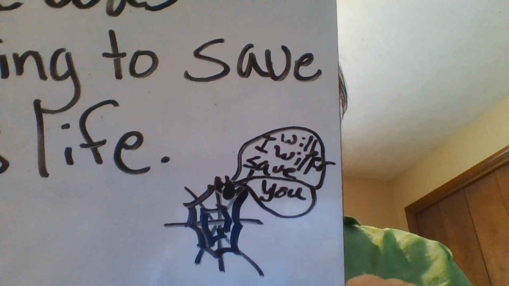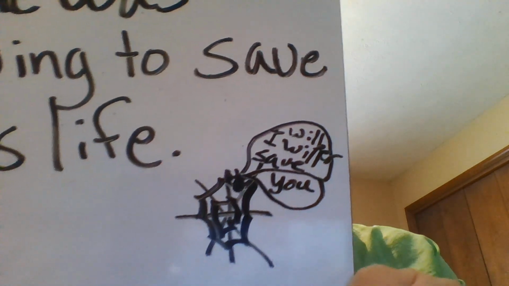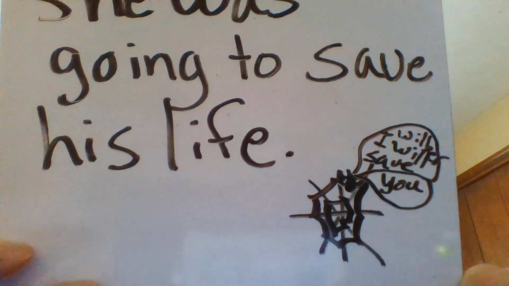And I'm going to put a voice box. Wilbur, I will save you. And then Wilbur would be down there at the bottom. I am not going to attempt to draw a pig with a dry erase marker. So that's my picture.